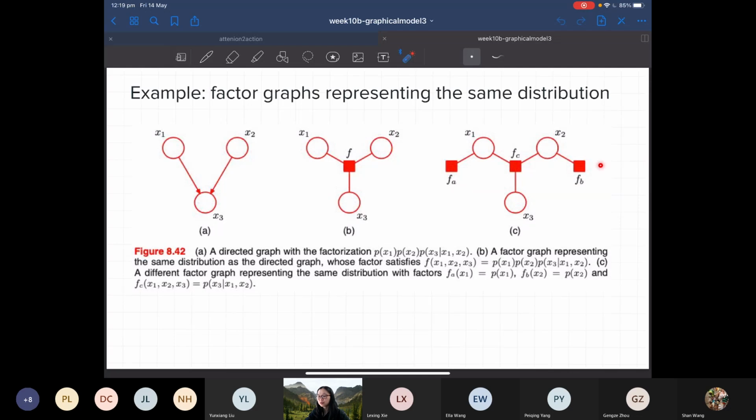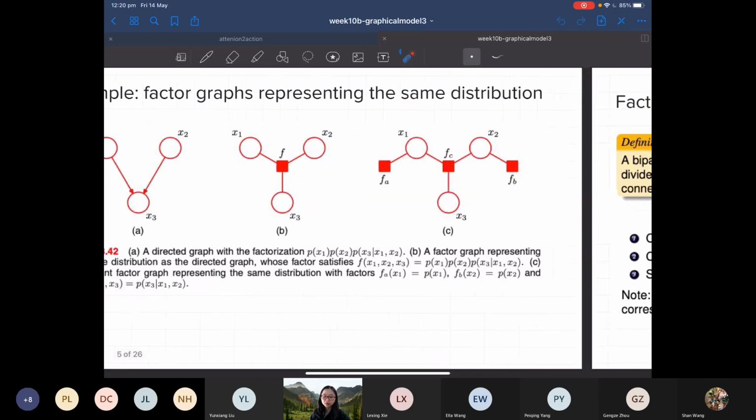This is useful when we would like to model, say, priors on x1 and x2. Because the joint probability factors as basically p of x1, x2, and p of x3 conditioned on the two, we can say that we can make a factor that combines all of these, or we can make a factor for each of these terms.